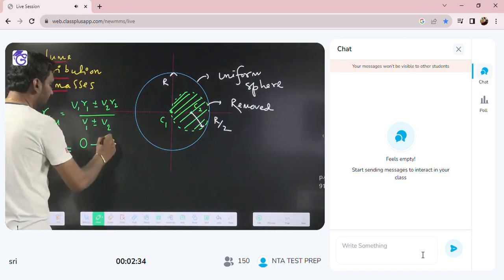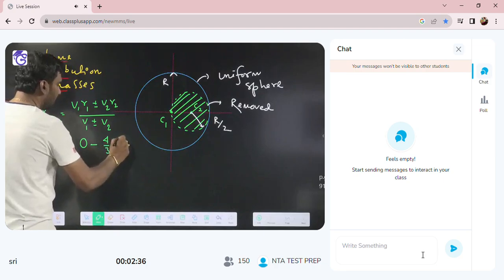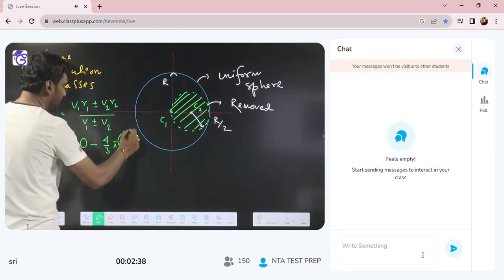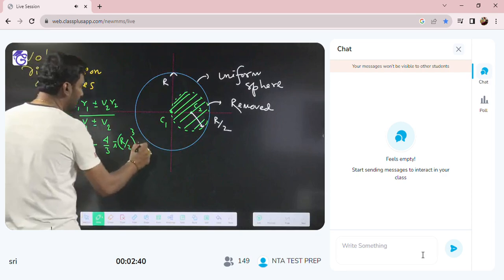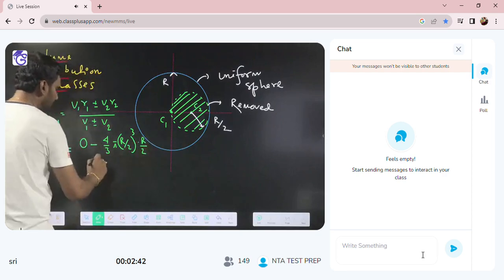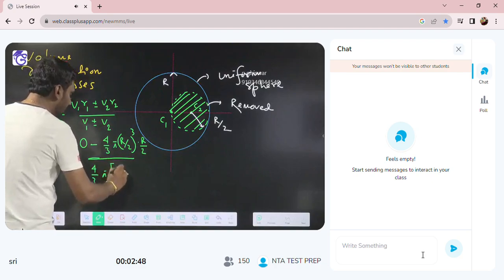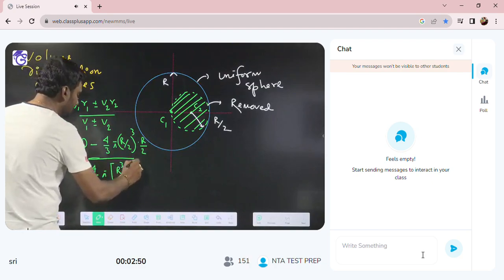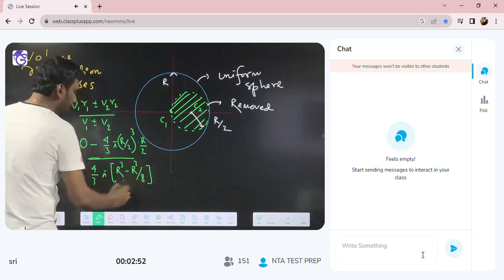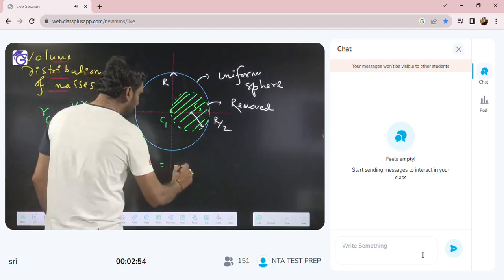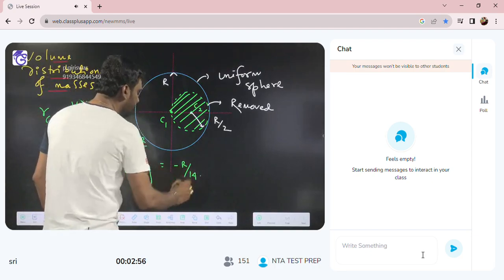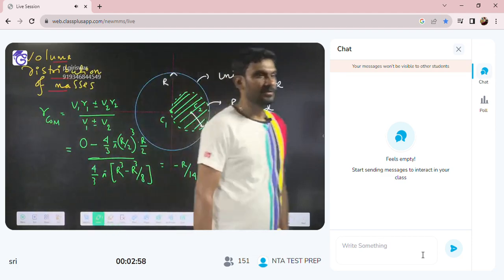Minus V2, how much? 4 by 3 pi (R by 2) whole cube, into R2, which is also equal to R by 2, divided by 4 by 3 pi R cube minus R cube by 8. As a result, if you do the calculation, the answer will come minus R by 14.